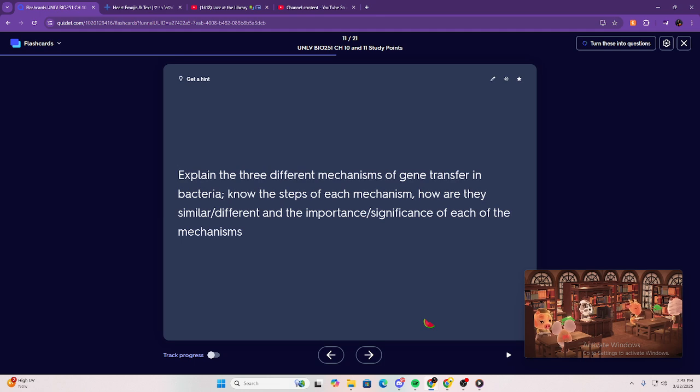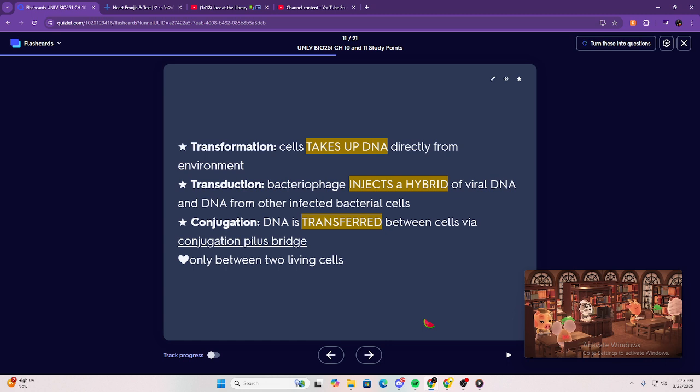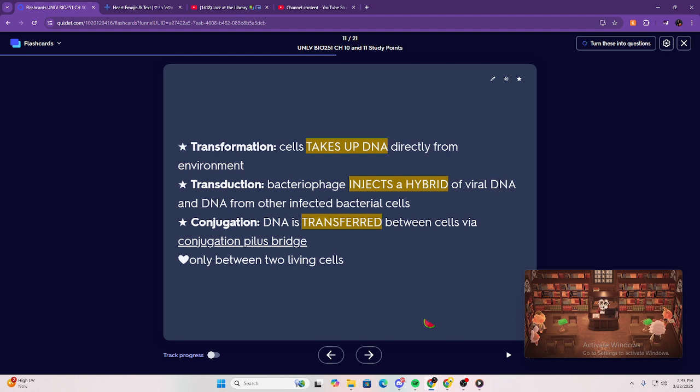Explain the 3 different mechanisms of gene transfer. Transformation, transduction, and conjugation are the 3 forms of gene transfer. Transformation is where a cell takes up DNA directly from the environment. Transduction is where a bacteriophage, remember lysogenic conversion, injects a hybrid of viral DNA and bacterial DNA into other bacterial cells.